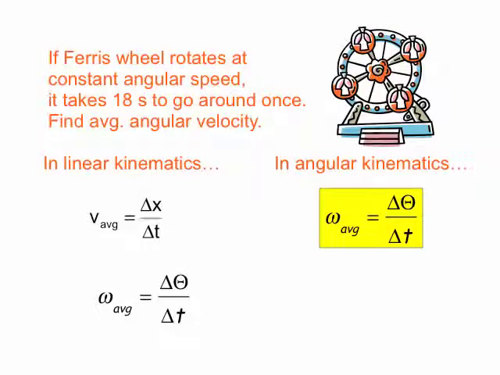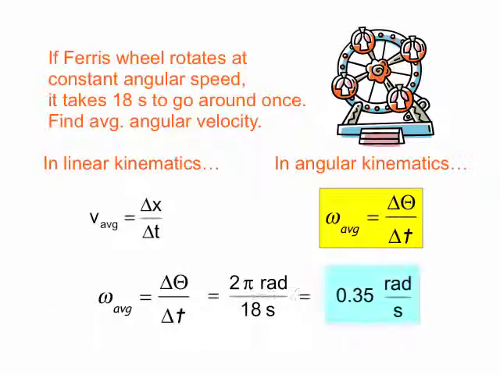Using that, what's our angular displacement? 2 pi. And so our angular velocity is 0.35 radians per second.